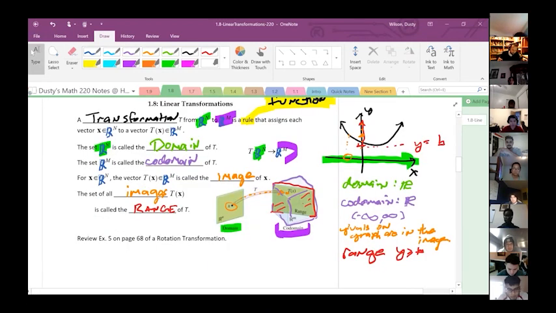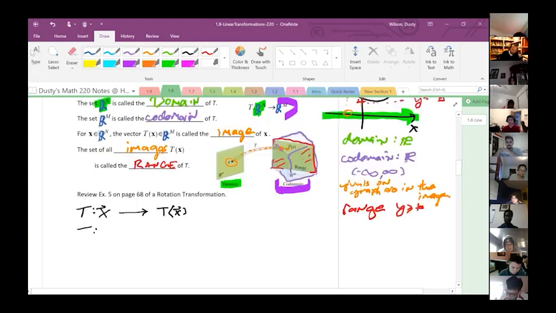So we have a couple of notations here. We could say that T is a transformation going from X to T of X, or you could say T goes from X to Y, something along those lines.